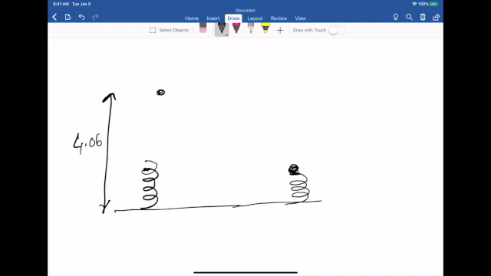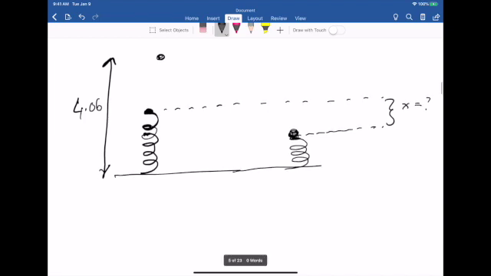Initially the top of the spring was over here, and after the ball landed on top of the spring, the top of the spring is over here. So the question is, how much does the spring compress before the ball comes to a stop?